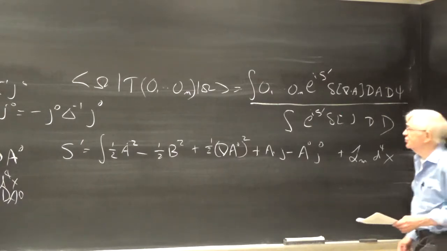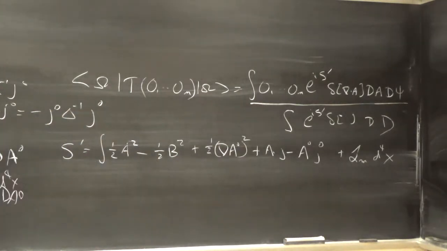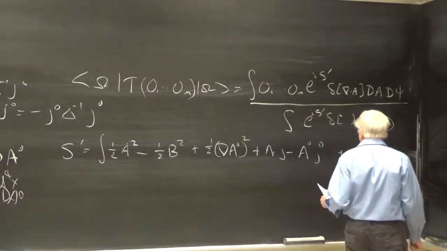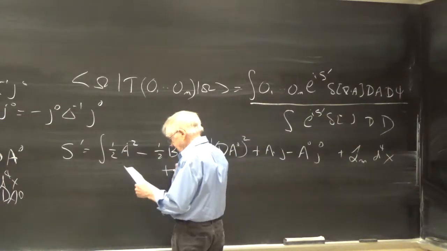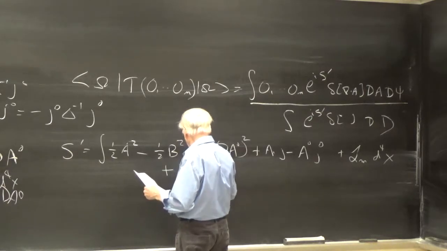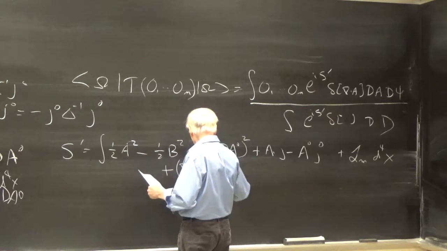Now, we've got this Coulomb gauge condition being enforced all the time by this rule, and so we can add to S prime another term, and I'm going to do that directly. I'm going to add in del dot A times A0.